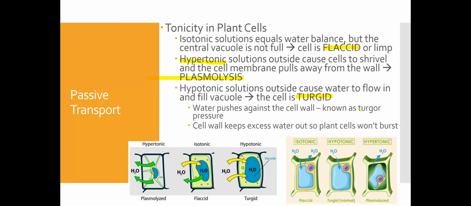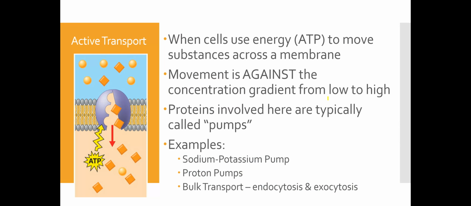And that's actually part of the plant cell structure. So we actually kind of want a full vacuole in the plant cell, and it won't overfill and burst like an animal cell does. So for plants, hypotonic isn't too terribly bad because it actually causes their cells to be full and happy. All right, so that takes care of all of our passive transport.